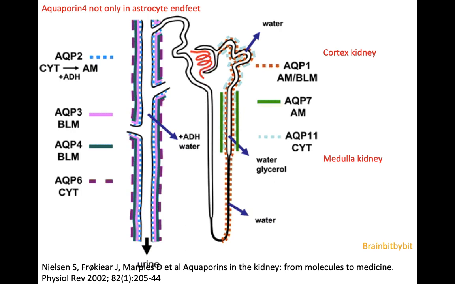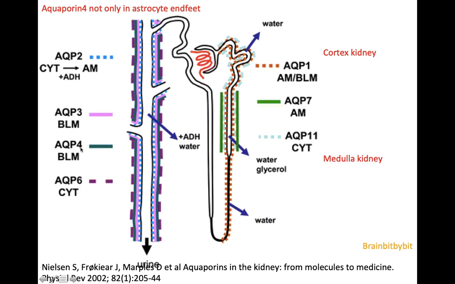I want to show a very basic picture of the kidney, where you can see that in the urinary system there are about 9 different aquaporins. You can see the glomerulus here, Henle's loop with the countercurrent principle, and the collecting duct where water is reabsorbed from the pre-urine.